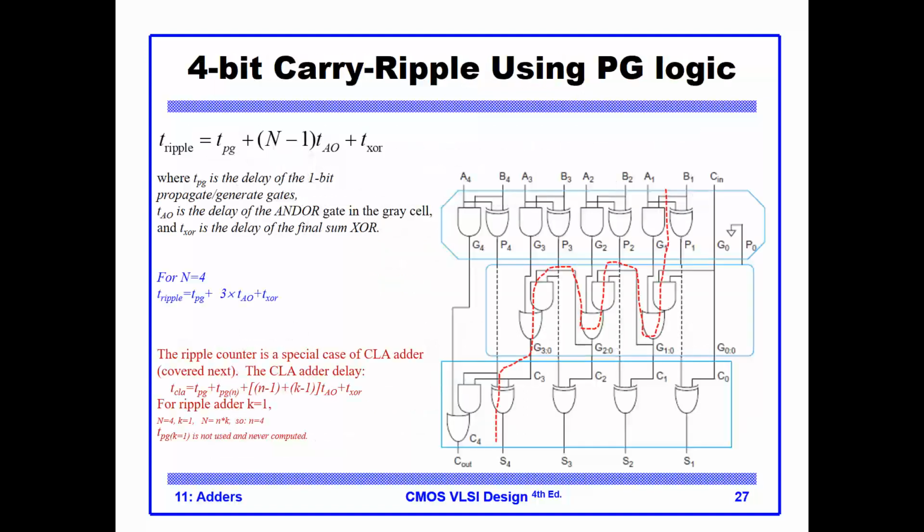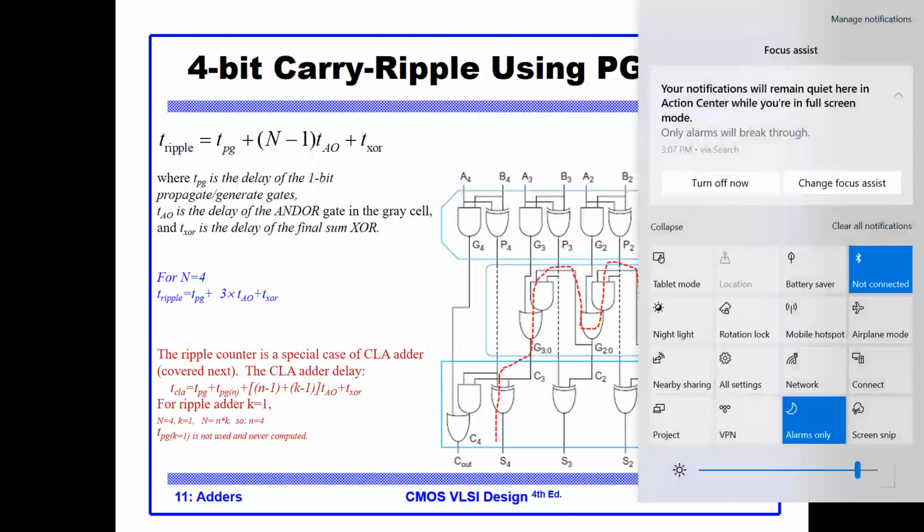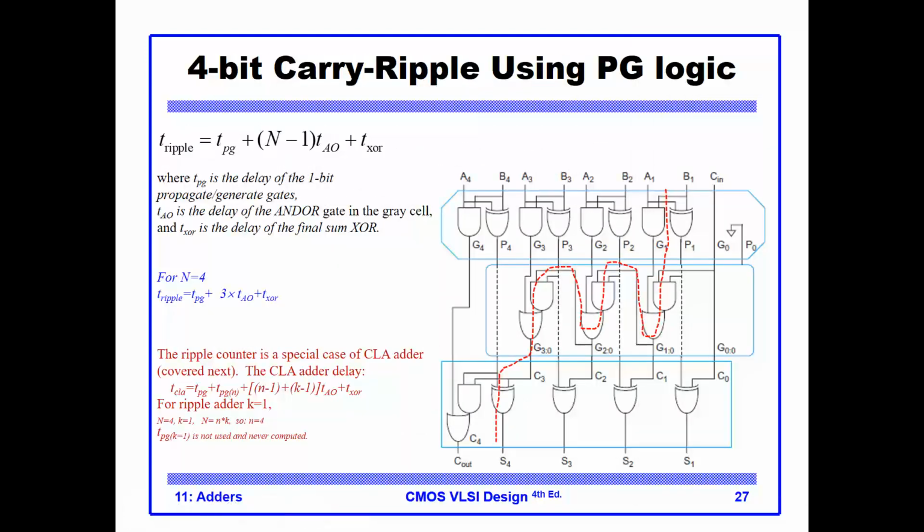Carry ripple addition, where as we said, the very first stage and the last stage are the same. Nothing has changed. It is really the tough part: generating these intermediate carries. And here the way we'll do it, we will do it similar to the expressions that we have generated for the carry.